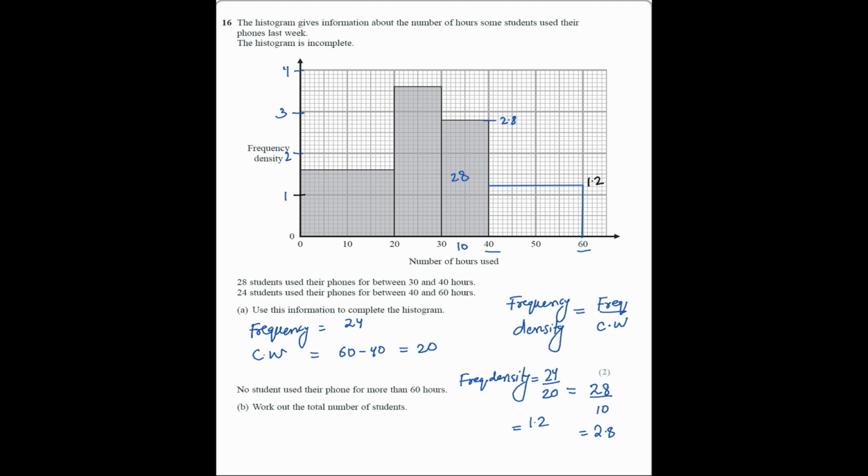With all the bars in place, it's time to find the total number of students. Just remember, the area of each bar gives you the frequency. So our next step would be to work out the total number of students.